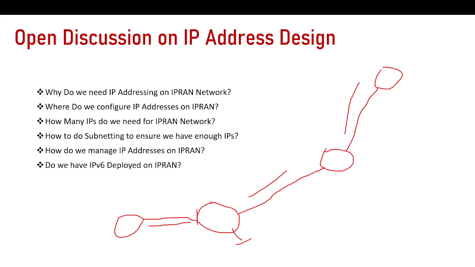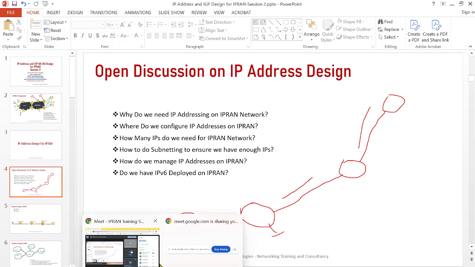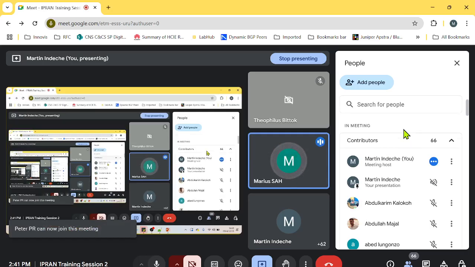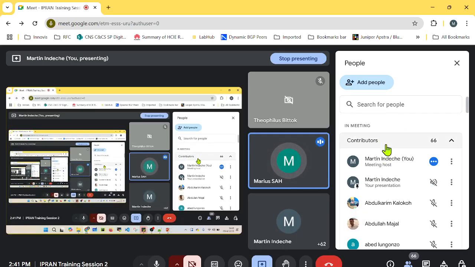Anyone else? If you have IPv6 deployed, or you're planning to deploy IPv6, anyone having SRv6 deployed on their IPRAN network? Yes, SRv6 also is part of the project because we are doing the cloudification of the network.